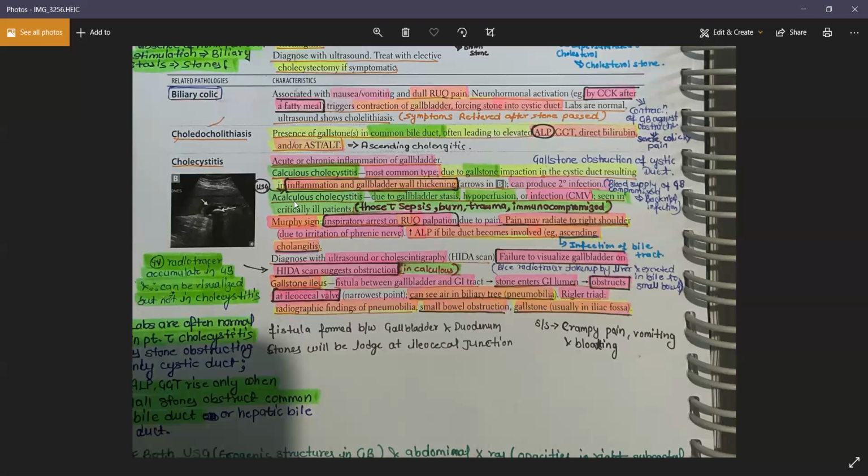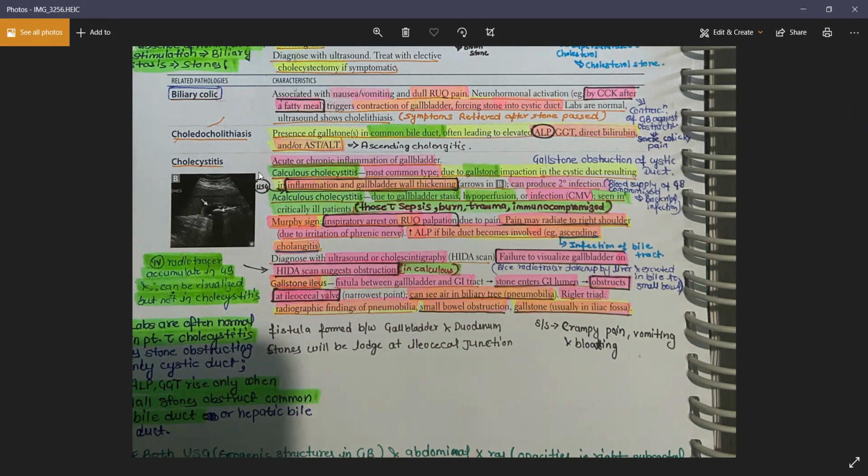Then comes the acalculous cholecystitis, which happens because of the hypoperfusion and the infection. Okay, it happens due to the gallbladder stasis. Hypoperfusion, which means a patient who is having a dehydration or a shock sometimes, right? Or a patient with sepsis or any trauma, like a hemorrhage, okay, or a patient with the burns.